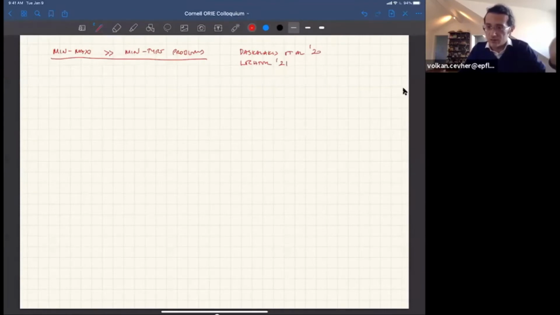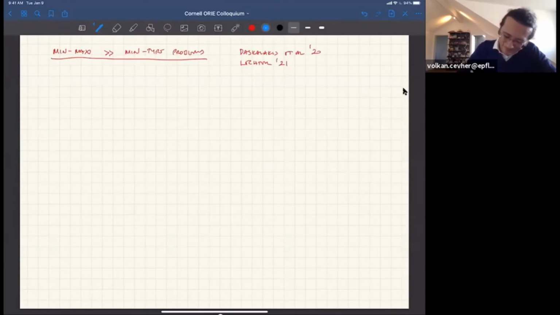There are hardness results and so on and so forth. Now, some of these constructions rely on the joint domain, not the product of domains, but we're going to let it go. But I would like to give you an intuitive explanation as to why min-max is significantly harder than minimization.